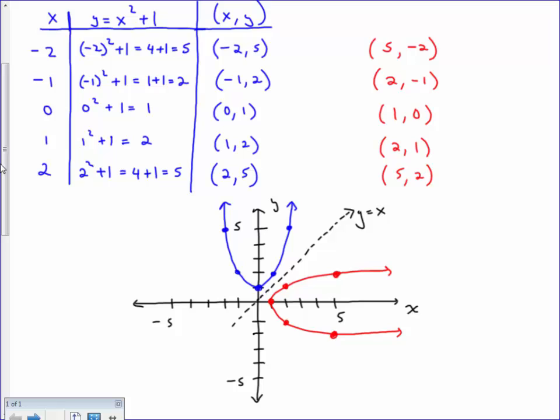I'm using a dotted line here because it's not actually a part of my graph of these 2 relations, but I'm using it as a reference point. Notice if I imagined trying to fold, let's say, my red graph over the y equals x line, then the 2 graphs would exactly match up.